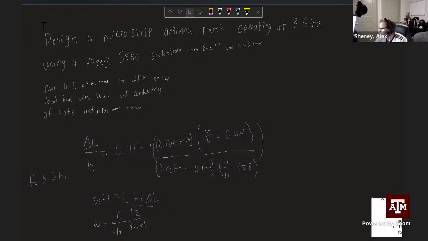No, it's epsilon R effective, which is epsilon R plus 1 over 2 plus epsilon R minus 1 over 2 times the square root of 1 plus 12 H over W. I think I wrote that down wrong. Oh, I know. It is epsilon effective.